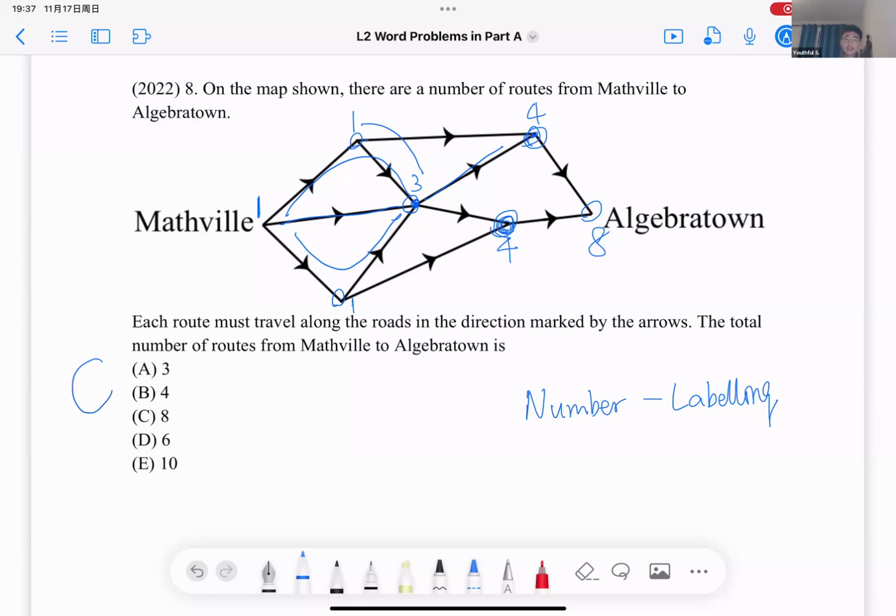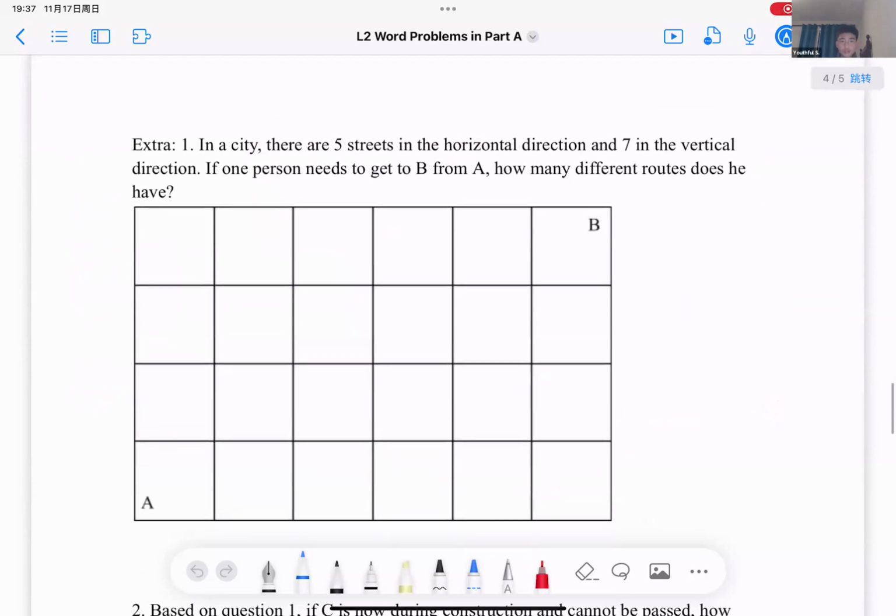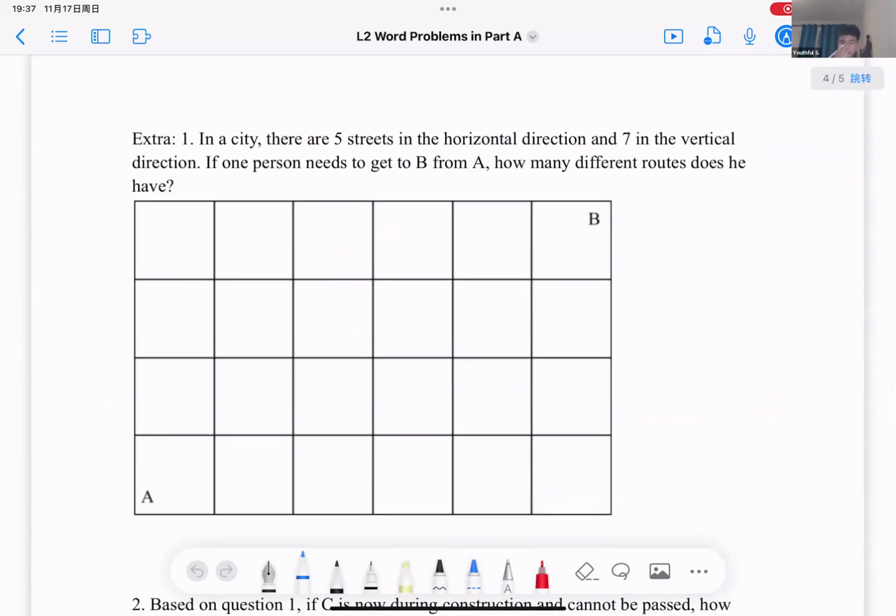So this is basically why we're labeling the numbers and the logic behind the number labeling. I have 3 different questions from easier to harder for you guys to try. The first one, I'm going to talk about because it's basically the same thing as we just did. By the way, those questions, I made them.